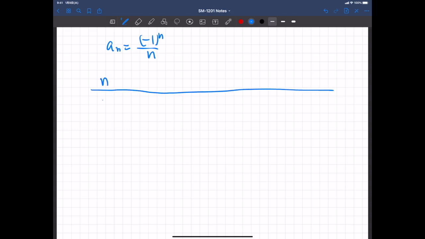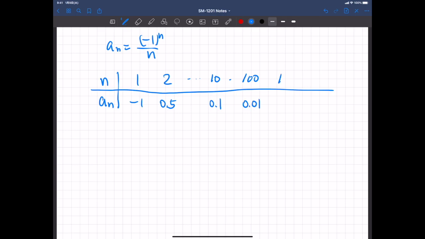Here's n, here's an. When n is 1, we have negative 1. When n is 2, we have positive 1 half, 0.5. And if we continue this, when n is 10, we have 0.1. And when n is 100, we have 0.01.